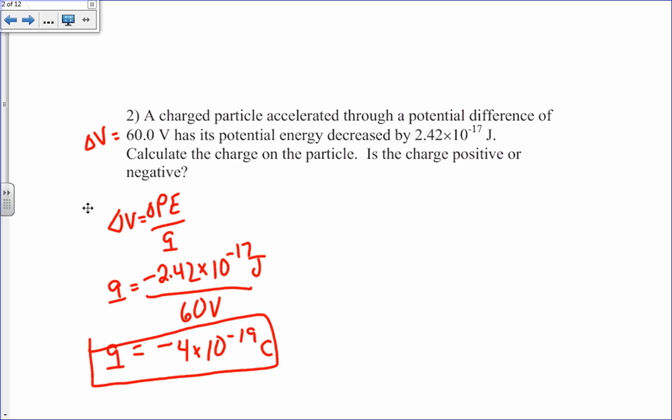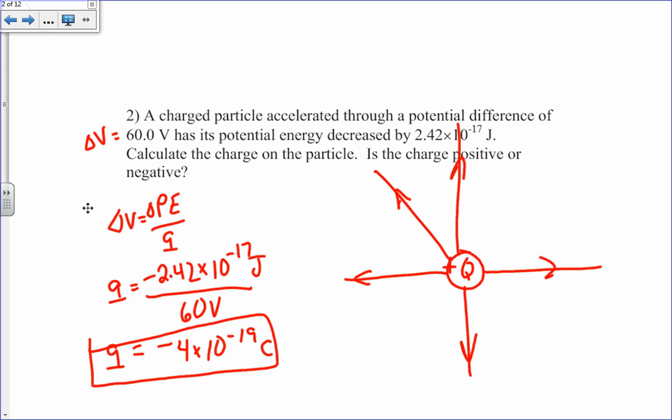Let's think about this more in conceptual terms. Let's say, again, that I have this electric field. We'll say that I have some positive charge here that's creating an electric field. These are the field lines emanating out from that charge.